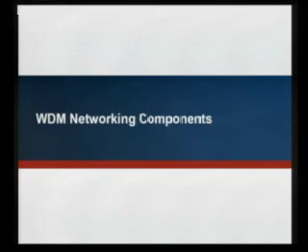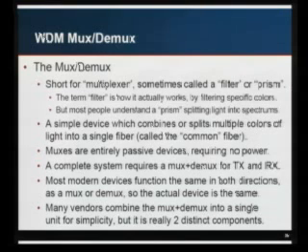We'll talk about the WDM networking components out there. So the big component that you see is the Mux, Demux, which is short for multiplexer. Sometimes people call it a filter, sometimes people call it a prism. The term filter is more technically correct as to how it actually works.